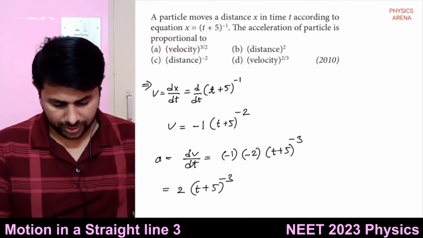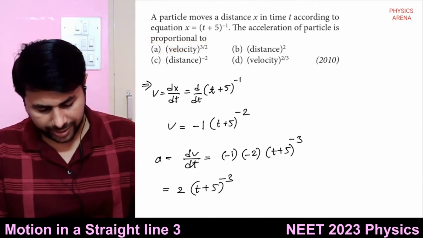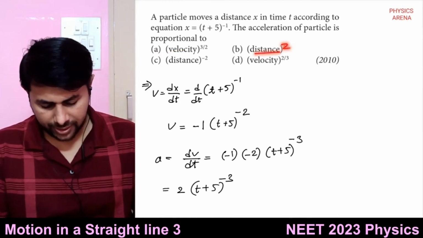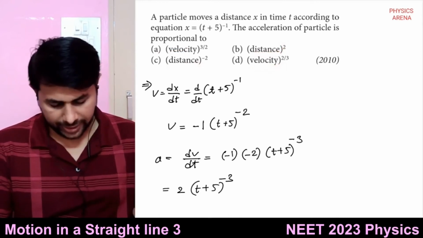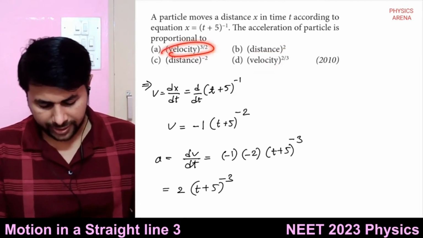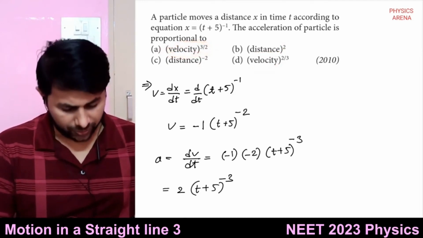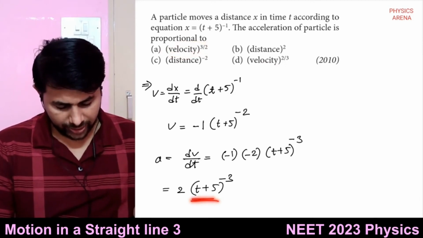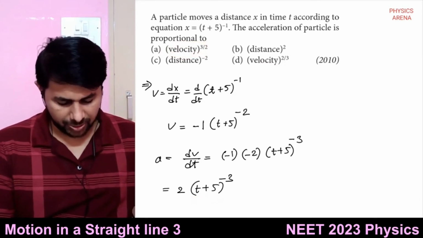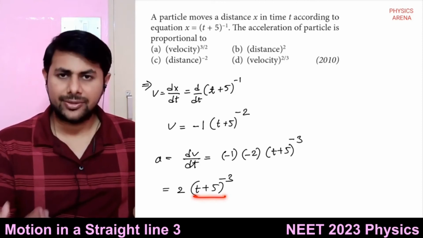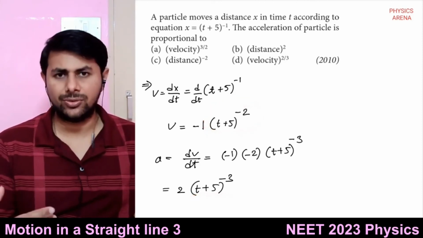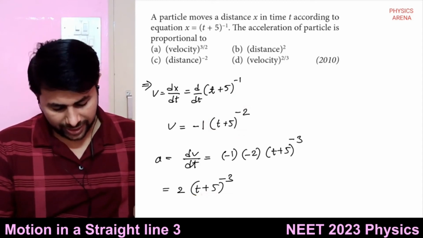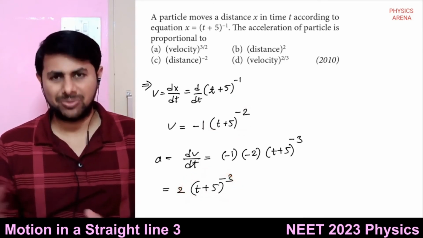Is it velocity raised to 3 by 2, or distance square, or distance raised to minus 2, or velocity raised to 2 by 3? So let's check. First one: is it velocity raised to 3 by 2? We have acceleration proportional to t plus 5 raised to minus 3, and velocity is proportional to t plus 5 raised to minus 2. So let us adjust t plus 5 raised to minus 2 here.